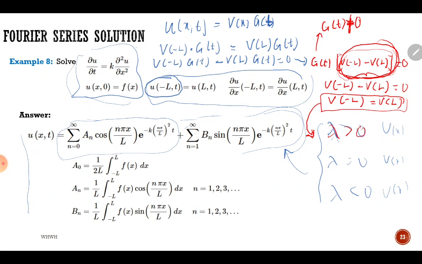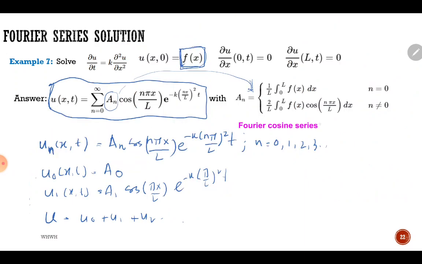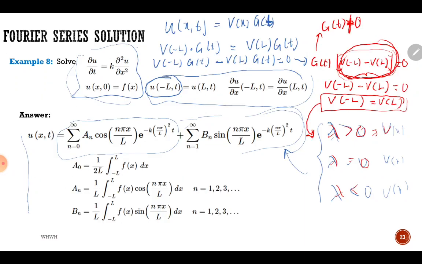Remember the steps on how we solve the partial differential equation, where you need to check for each lambda case in order to determine what is supposed to be your Vx, and to check you need to rely on this boundary condition. Then for the second one also, you may repeat the same step.